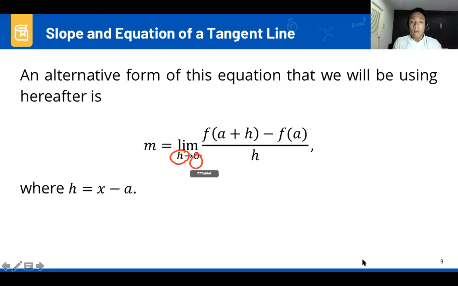F of a plus h minus f of a all over h. Okay? So there are a lot of equations that we encountered. So isa-isahin ko yon, at least maybe 5 examples para mas maintindihan nyo kung paano makuha yung derivative of a function using this formula.